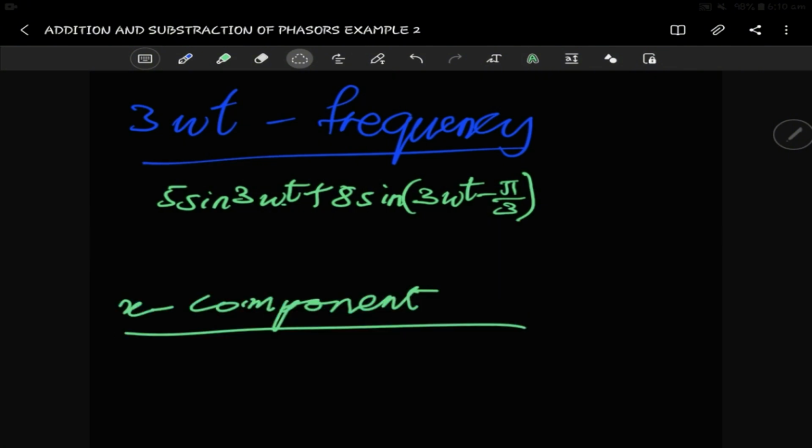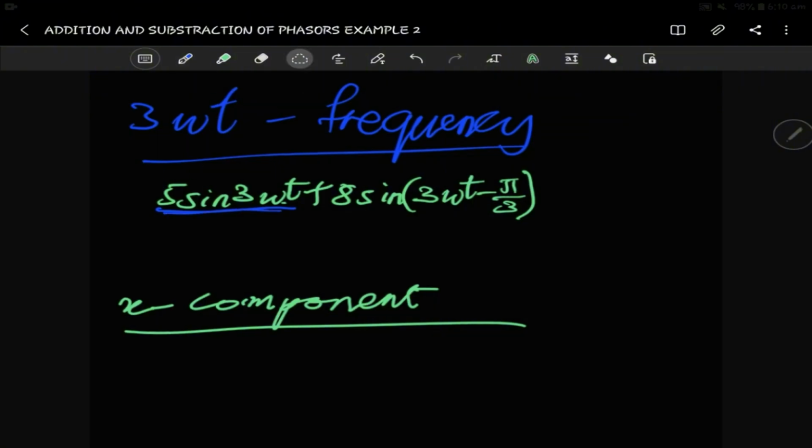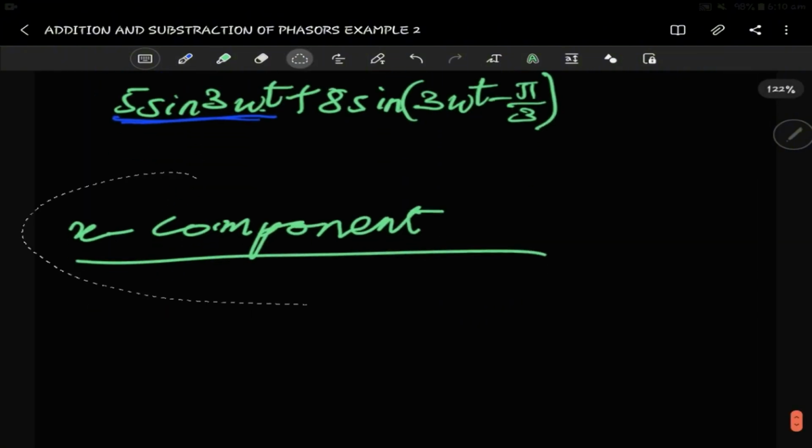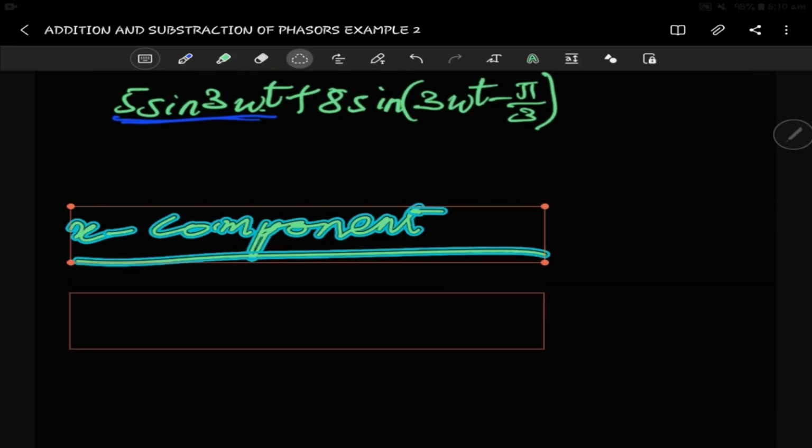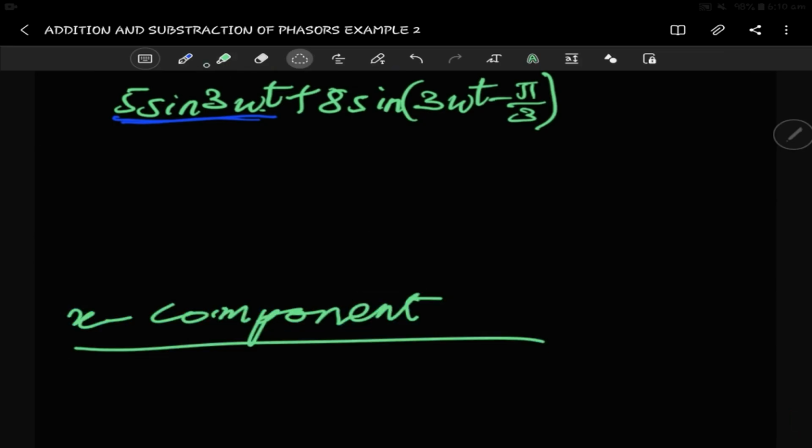In actual sense, if you have to draw the phasors, this is just a freehand sketch. For the 5, this particular side, what do you think? Because there's no phase angle, it ends up being in line with the x-axis, so the phasor will be straight, like this.